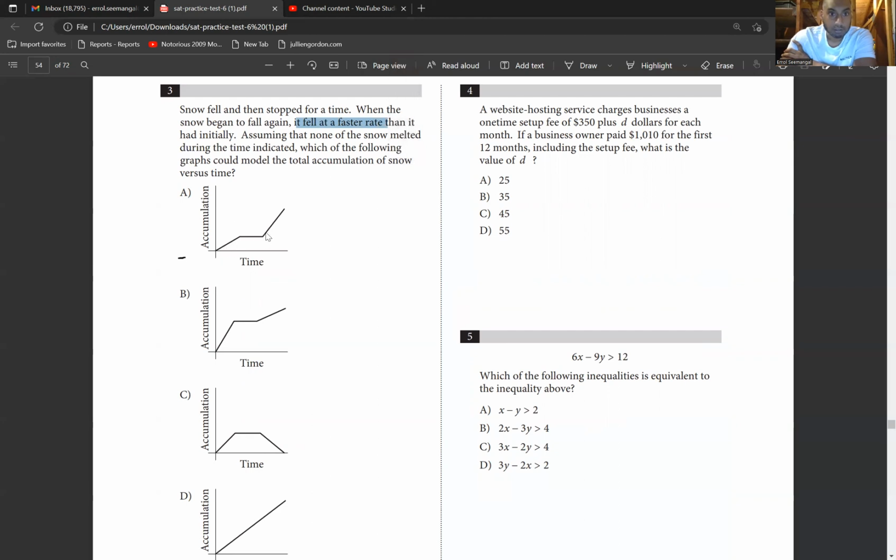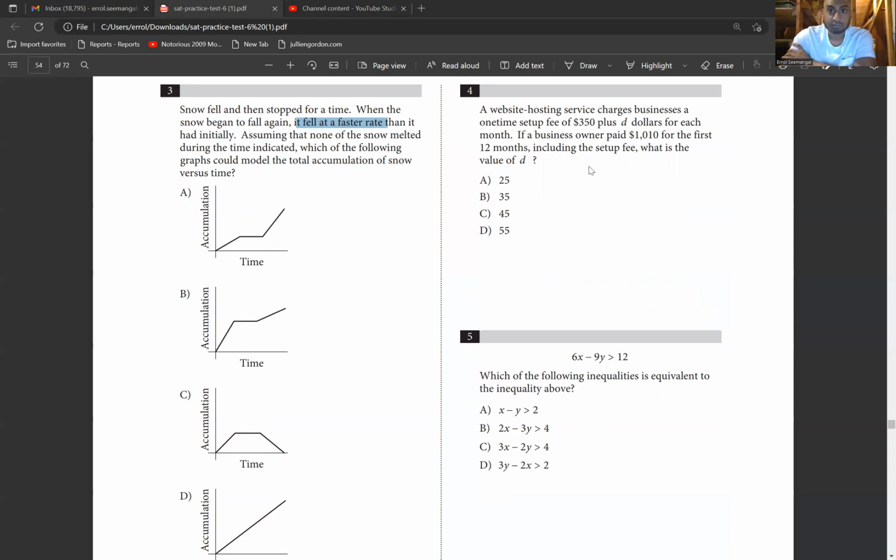Basically, what they're saying is this slope right here would be steeper than this slope, because the second time it started snowing, it snowed at a faster rate than it had initially. It wouldn't be B because it's the opposite. This slope is steeper than this slope, so it wouldn't be B. A. All right, that's 3.